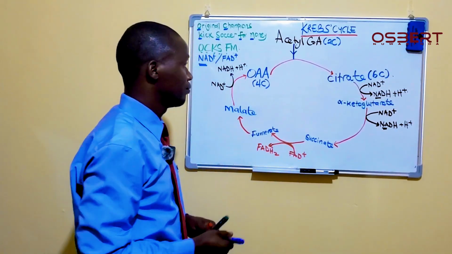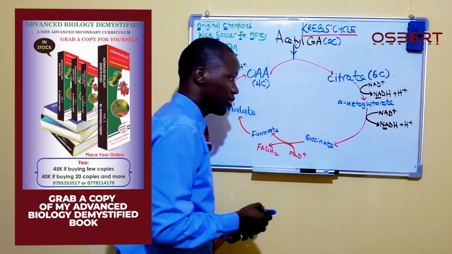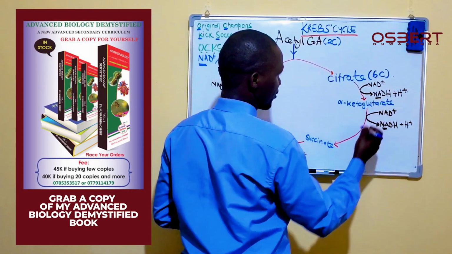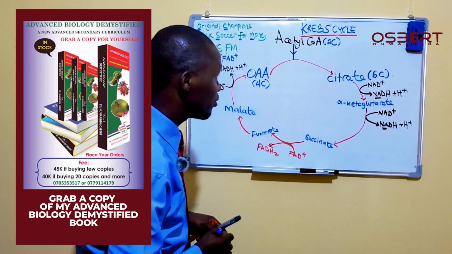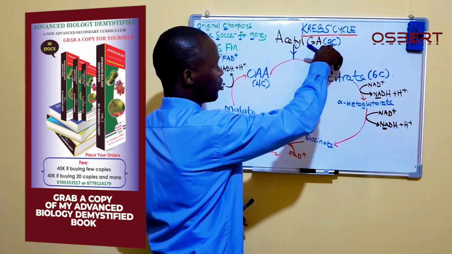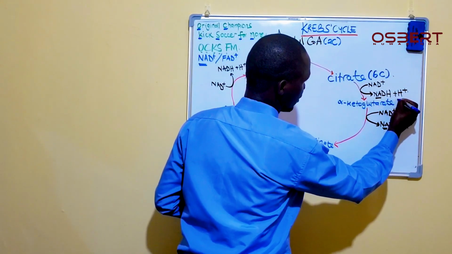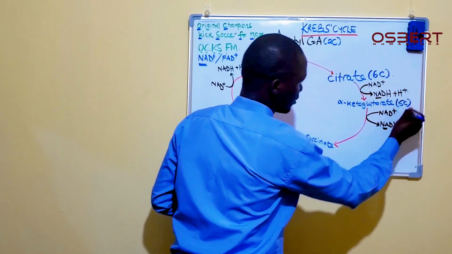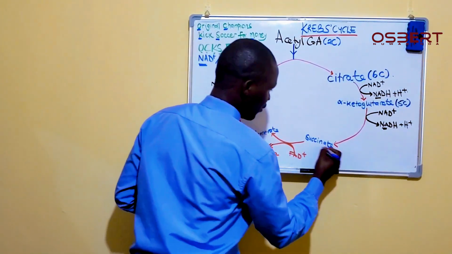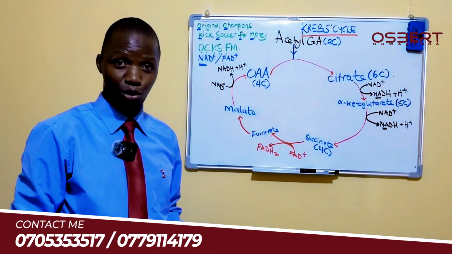This structure, if you go into its molecular formula, you are going to find it is having 5. So the 4 combines with the 2 to form 6. Then 6 reduces to 5. Then 5 we now reduce to 4. And after reaching 4, we pause there.